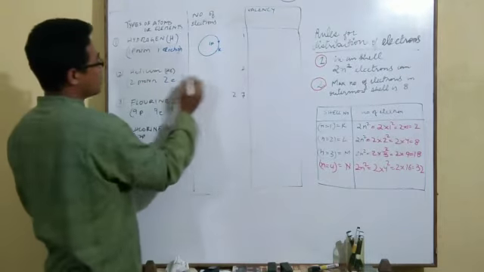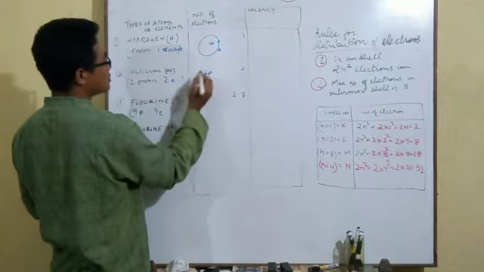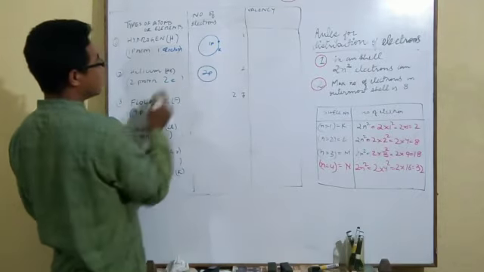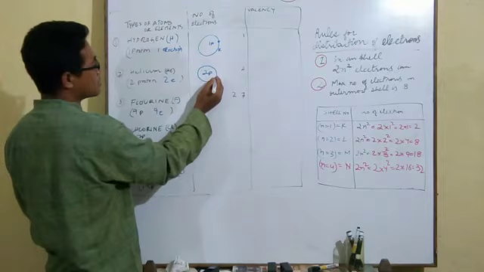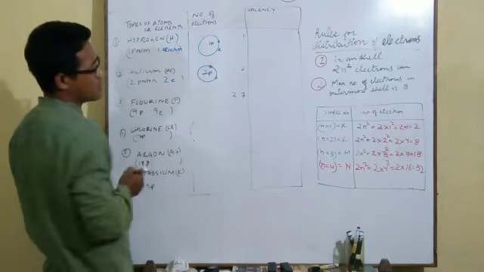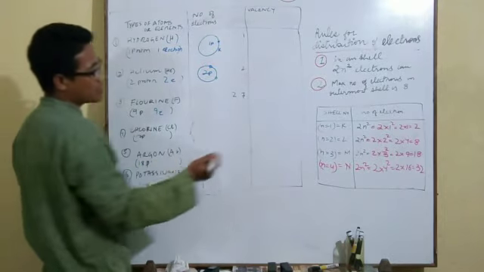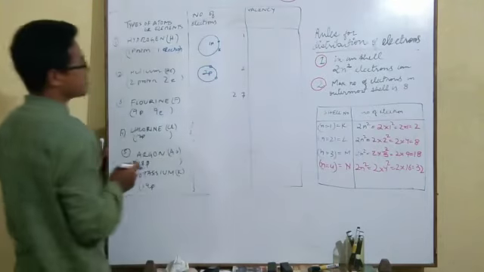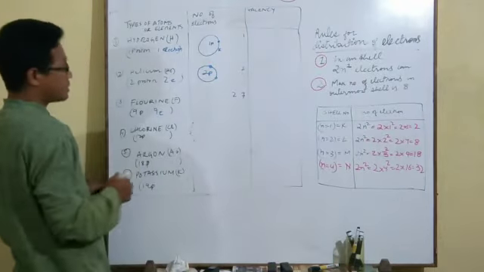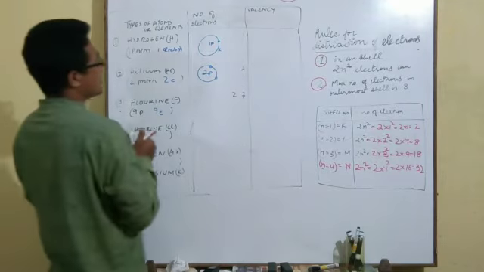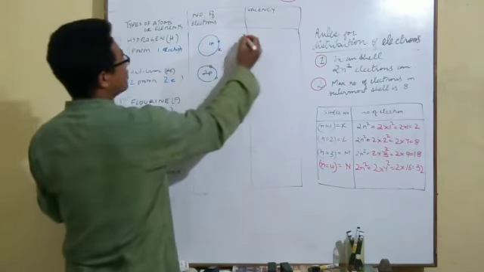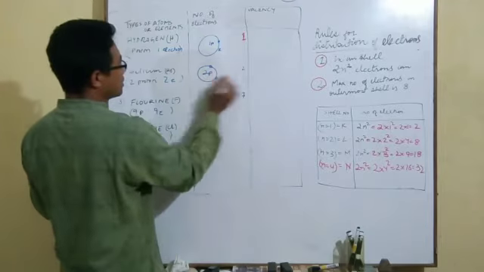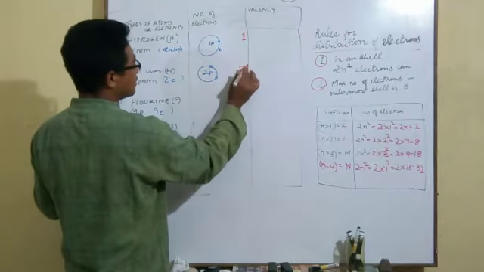Helium, now we have 2 protons, and obviously we'll have 2 electrons, and that fits in well because in the first orbit there can be only 2 electrons. So I will just put here, we have only 1 electron here, we have 2 electrons here.